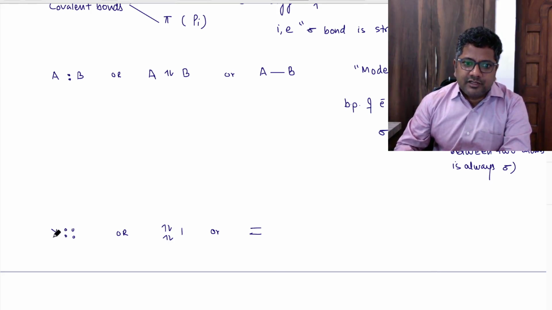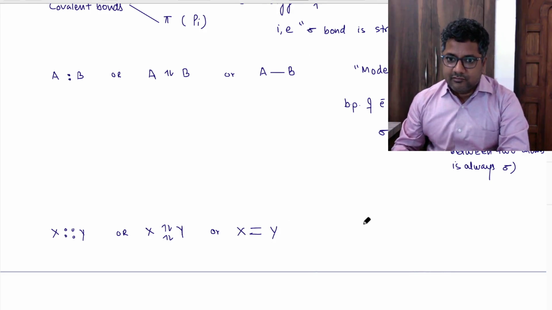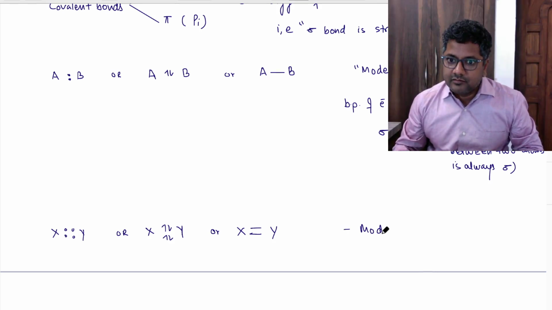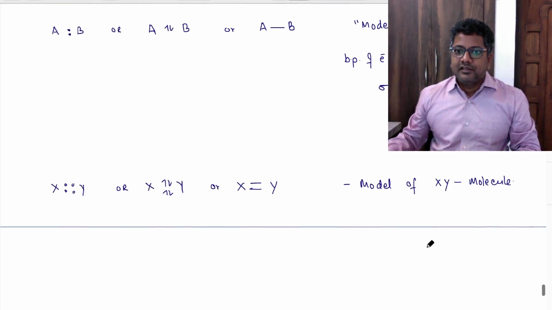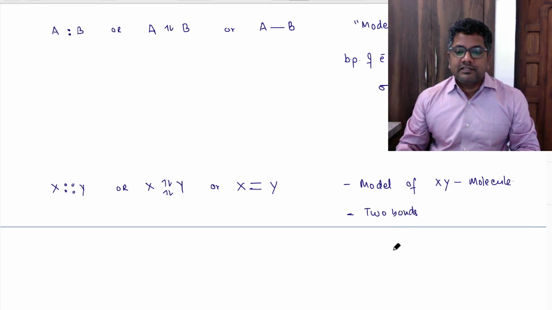Suppose this is XY, a different molecule I have taken, X and Y, because I have already taken AB. So this is the model of XY molecule, right? How many bonds between? 2 bonds. Both are sigma? Answer is no.